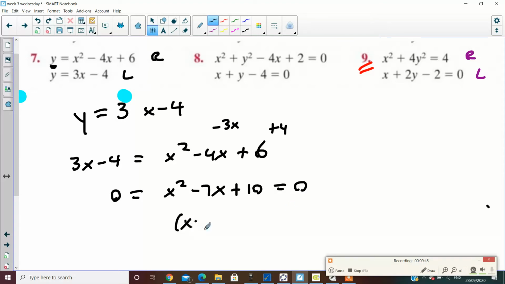So factorize to get x minus 2. Question 7, then do question 13. Two answers here.